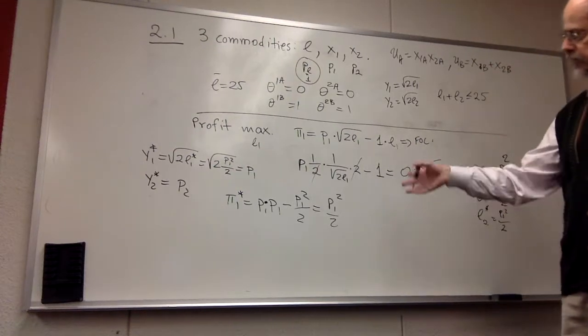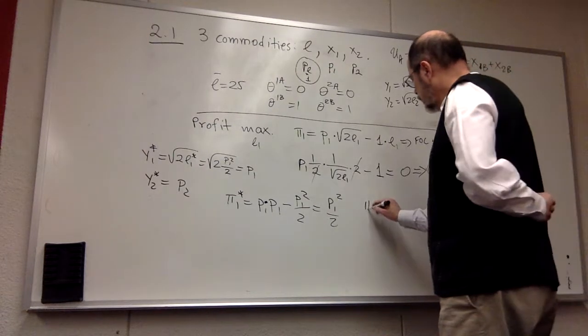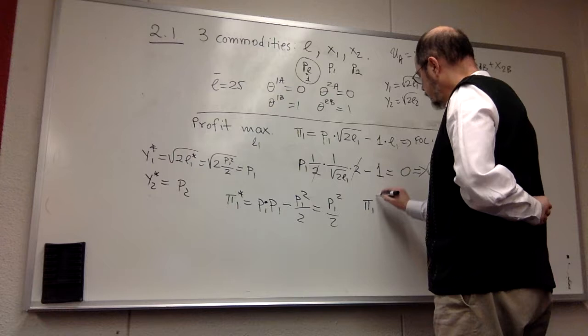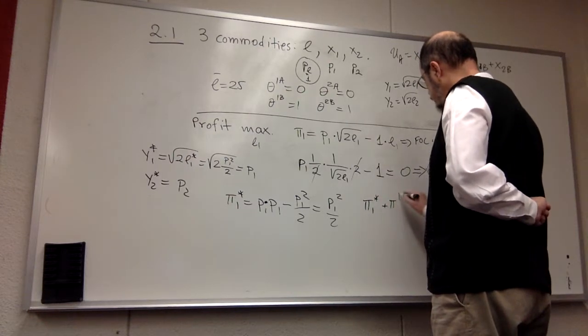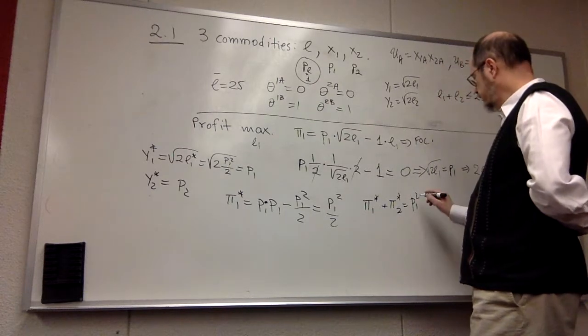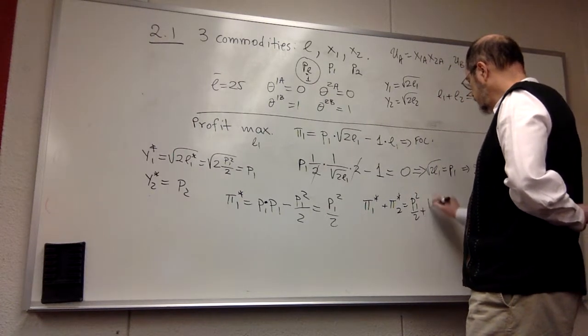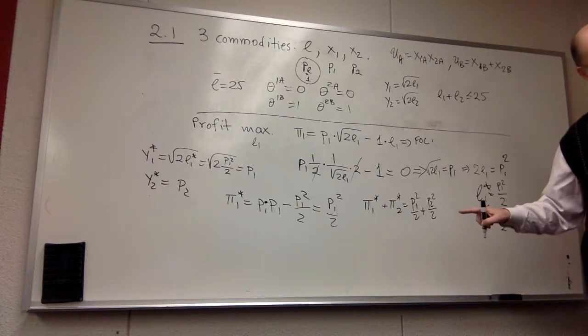Identical profit for firm 2. So the total income of person B is going to be P1 squared over 2 plus P2 squared over 2, right?